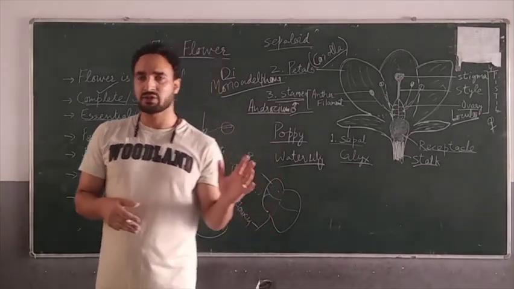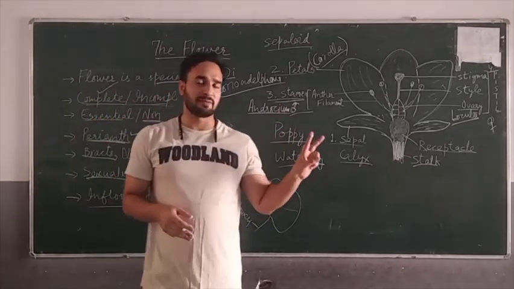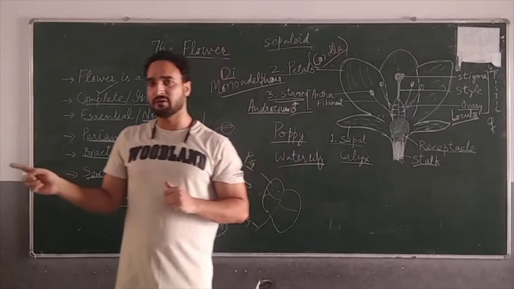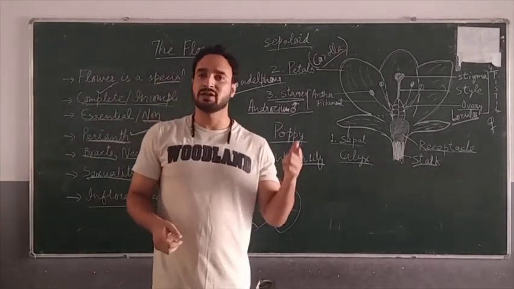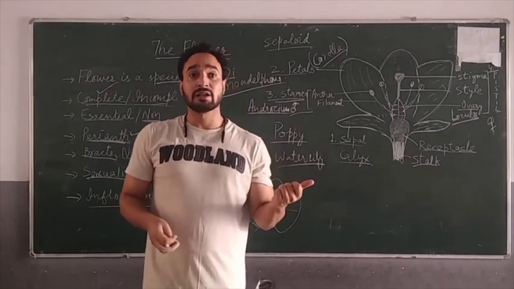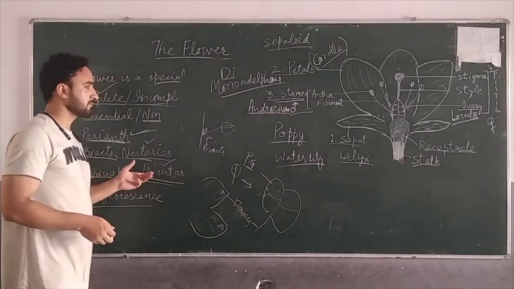We have bisexual flower, both male and female parts present. We have pistillate flower, only the female part is present. We have staminate flower, only the male part is present. We also have neuter flowers.